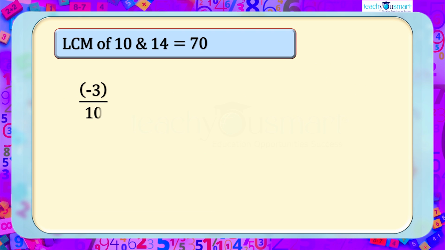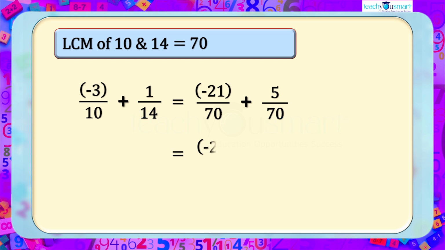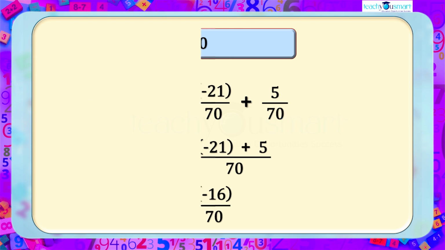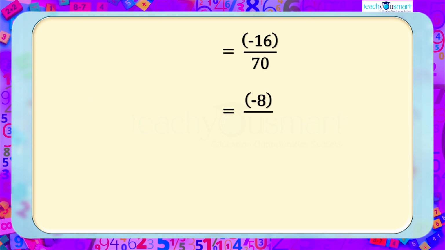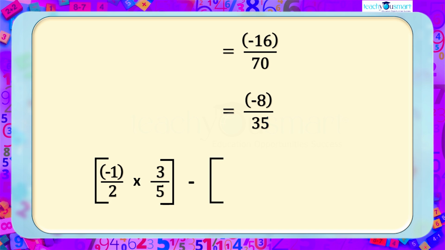So, -3/10 + 1/14 = -21/70 + 5/70 = (-21 + 5)/70 = -16/70 = -8/35. That is, -1/2 × 3/5 - (-1/2) × 1/7 = -8/35.